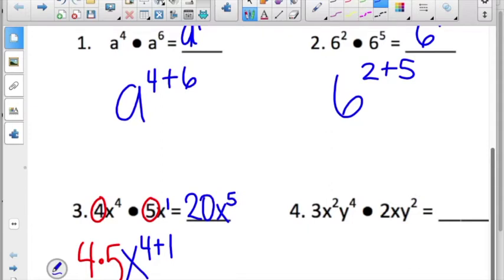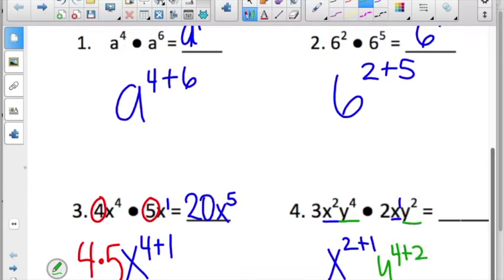Our last example for this rule, our first base is x squared. We have another x over here, which is to the 1st power. Our y has a 4, and over here a squared, so 4 plus 2.